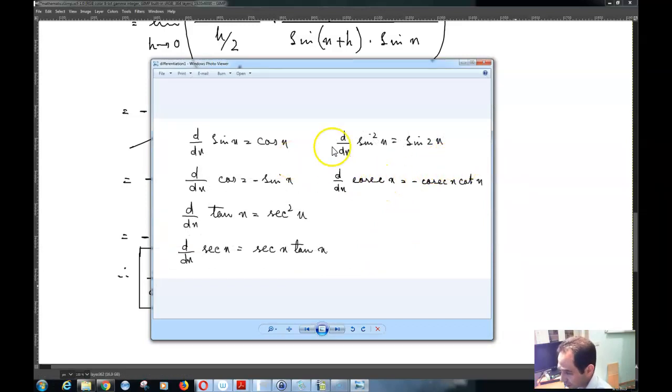So now we have the formula for sine x, cos x, tan x, secant x, cosecant x. The only thing that remains is sine, cos, tan, cot. The cot is missing. You need to find that too.